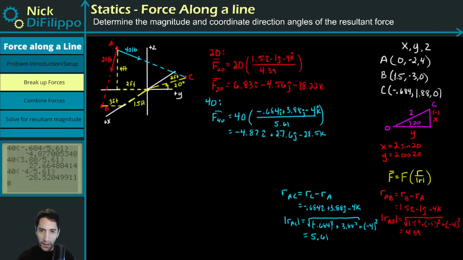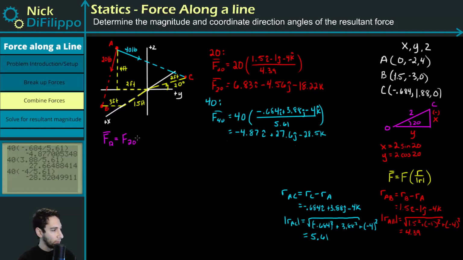And so now we have our force of 40 and our force of 20. If we're trying to figure out a resultant force, so this resultant force right here, we're going to add both of these forces up. So we're going to combine our forces. We're going to say this is equal to F20 plus F40.